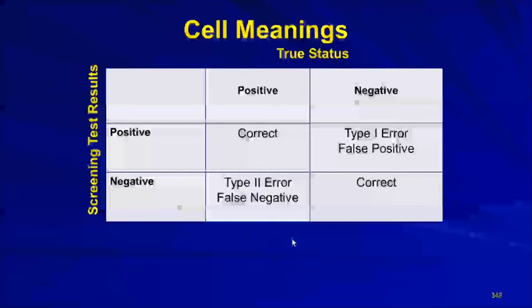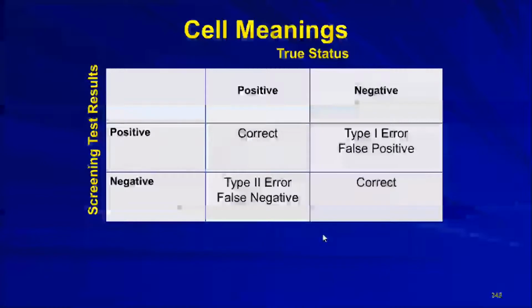Now, what the cells mean. Most of you have had statistics, and you always hear these terms thrown about and probably have never really particularly understood them. They talk about what a type 1 error is and what a type 2 error is.